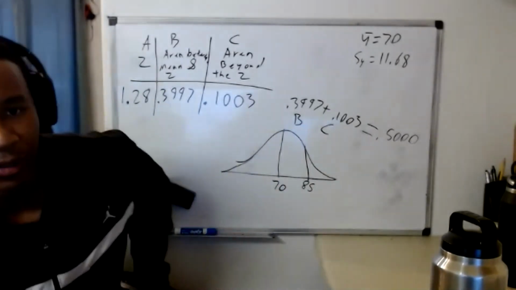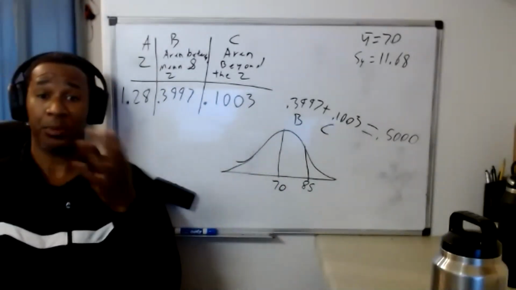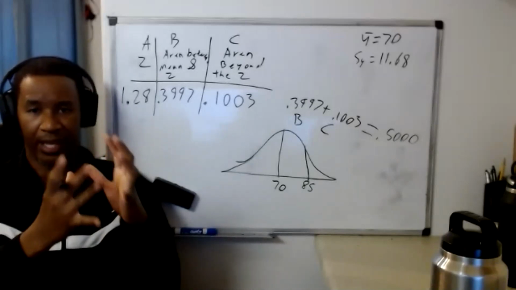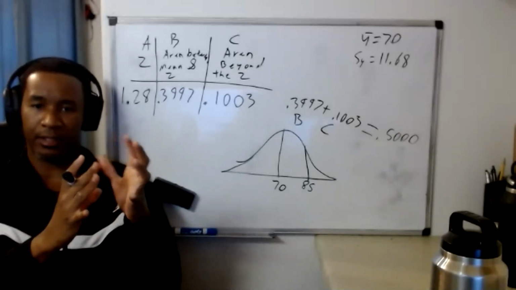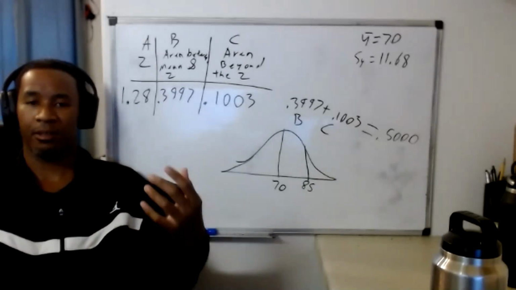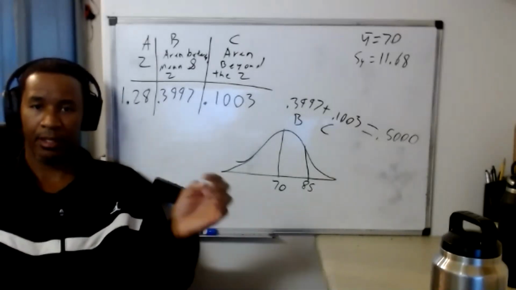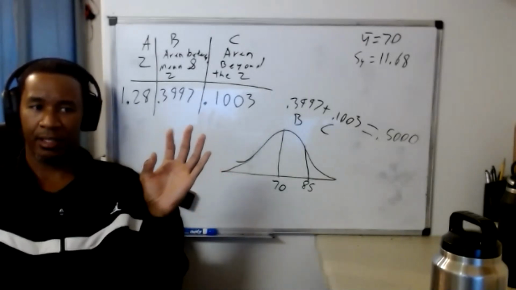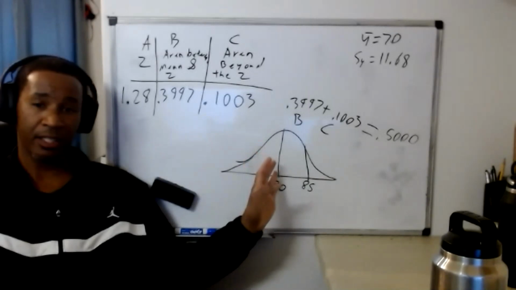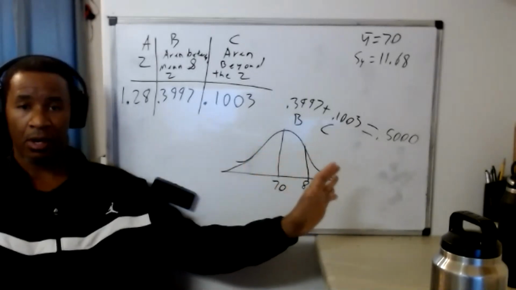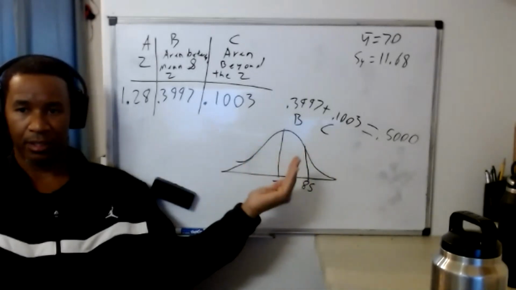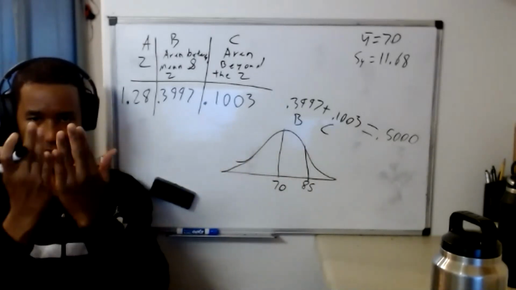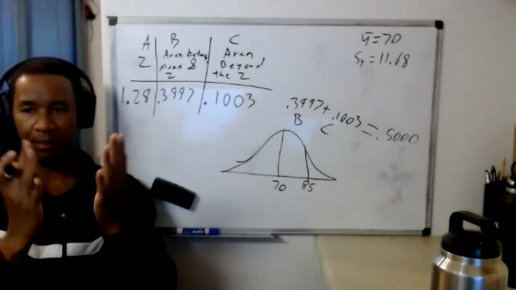Now, another thing you may notice when you look into the standard normal table: I told you that the Z values could be either positive or negative, but you never see negatives in the standard normal table, and you don't need them. The numbers you would see above the mean are the exact same numbers you would see below the mean, because as we already discussed, the normal distribution is perfectly symmetrical.